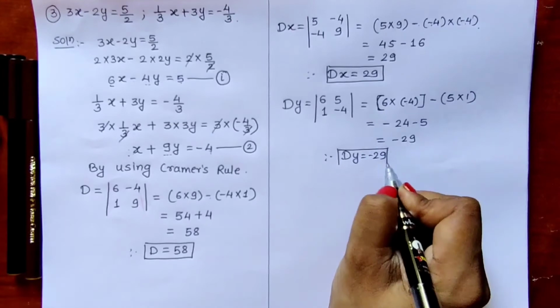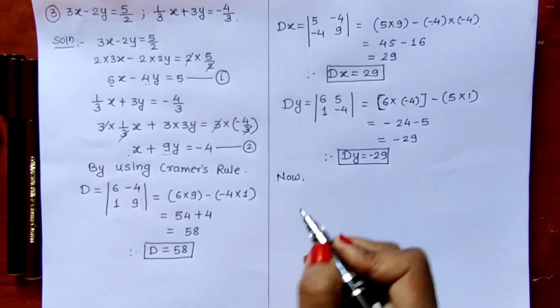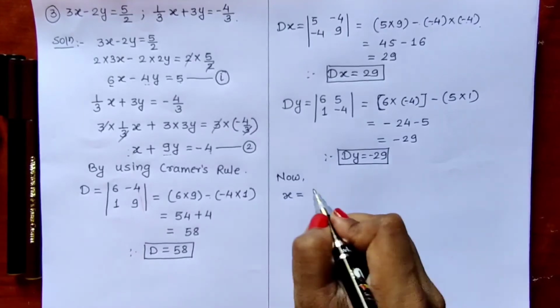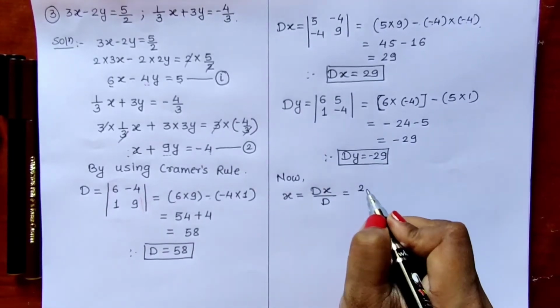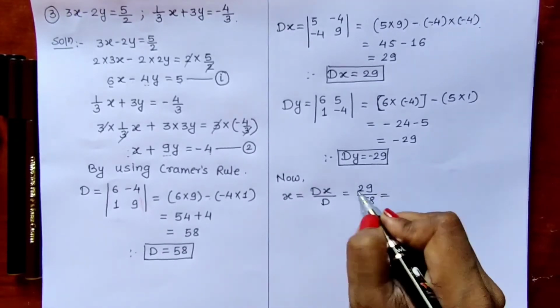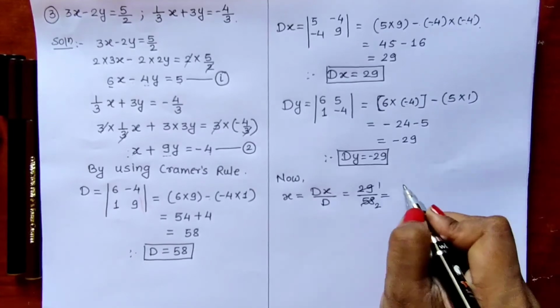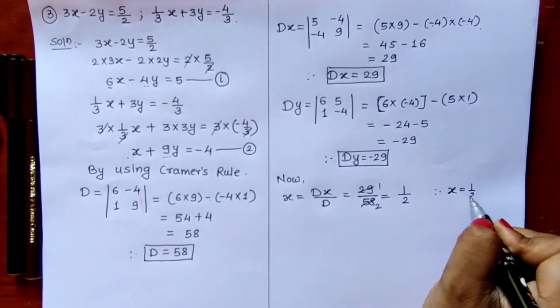After getting D, Dx and Dy, what should be done? We will have to get the values of variables from the equation. So x is equal to Dx upon D. Dx is 29, D is 58. 29 1s are 29, 29 2s are 58. So it is 1 upon 2. x is equal to 1 upon 2.